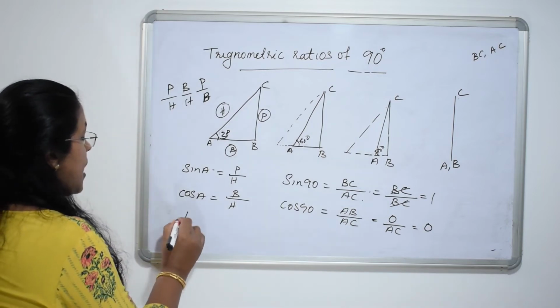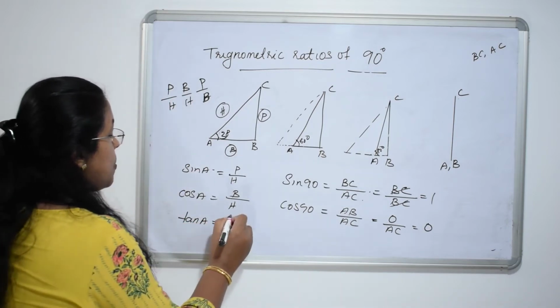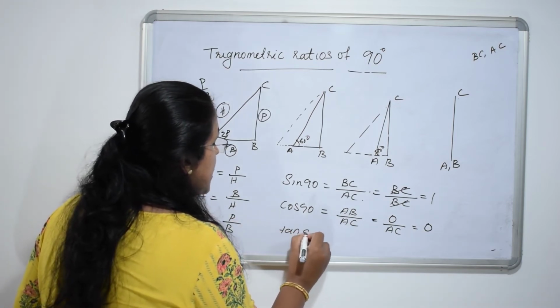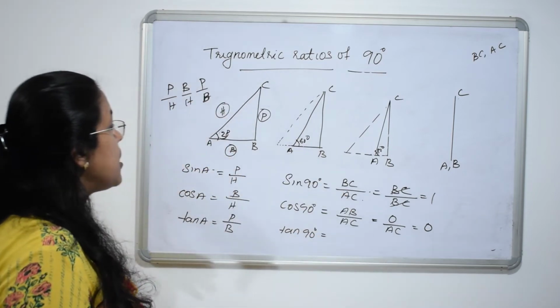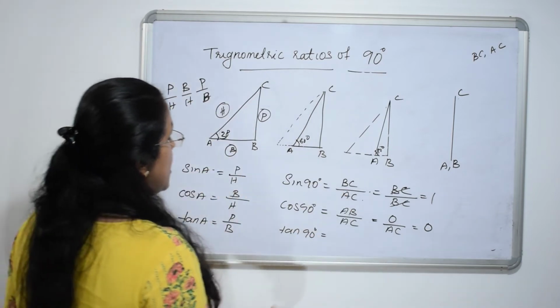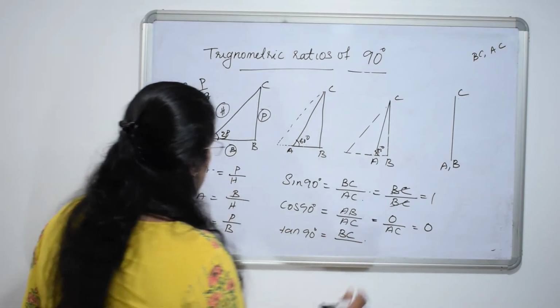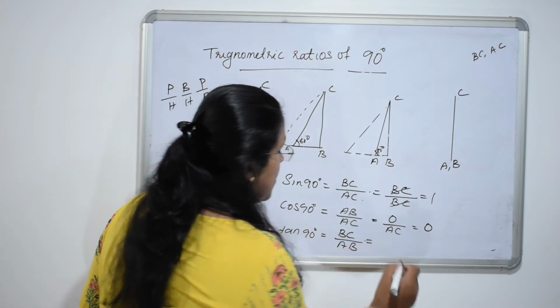Next, tan of angle A. We know tan is equal to perpendicular by base. So tan 90 degrees is equal to, what is the perpendicular here? The perpendicular is BC, and the base is AB.